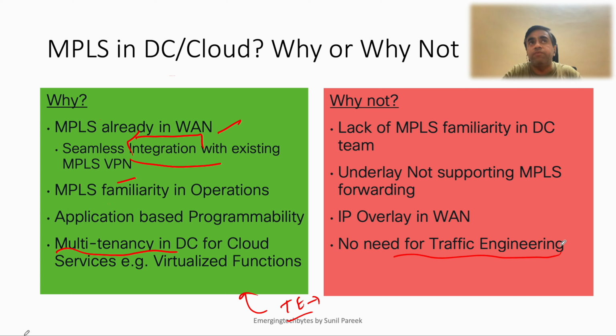So if one of the big use cases was a big no, then suddenly there were some more overlay technology solutions which came in the queue and were ahead of MPLS in terms of advantage, because some of the benefits of MPLS were ruled out.